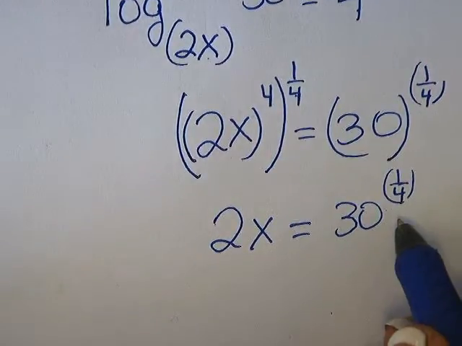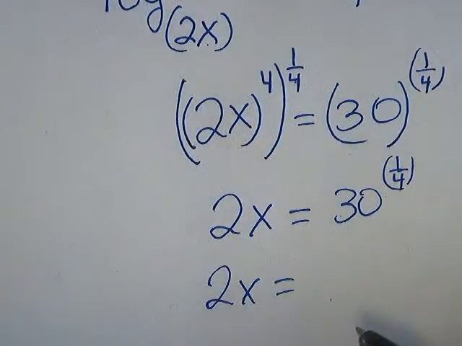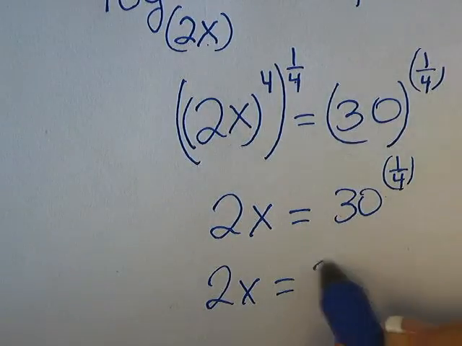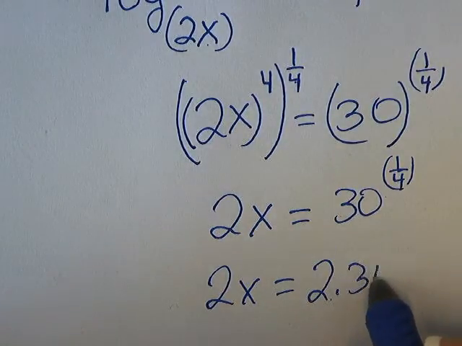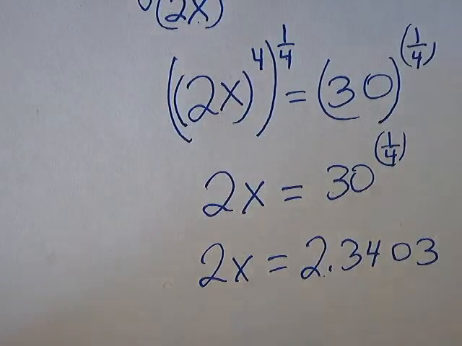I'm now going to plug this into the calculator, and I will get 2x is equal to 30 raised to the 1/4 power is equal to 2.3403.